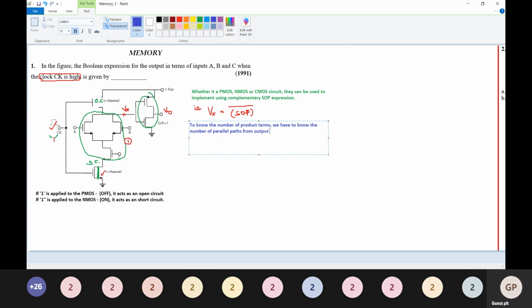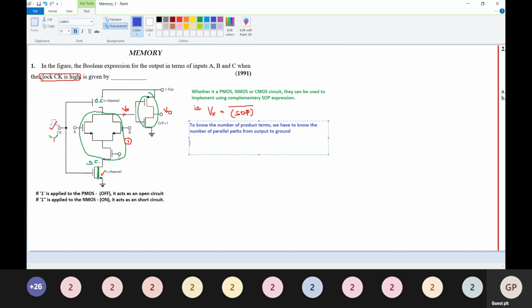If you know how many parallel paths are there from output to ground, you will have that many product terms. Okay.